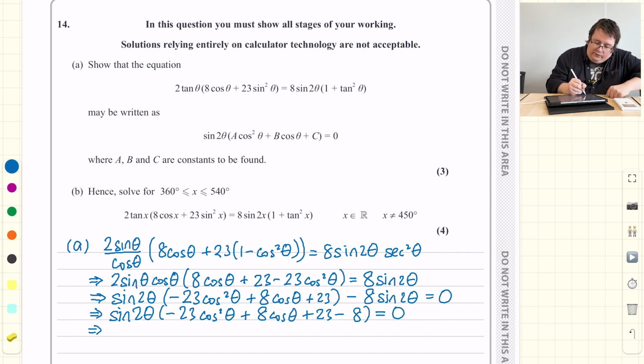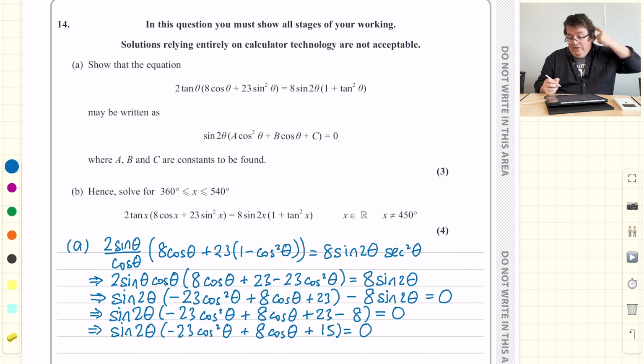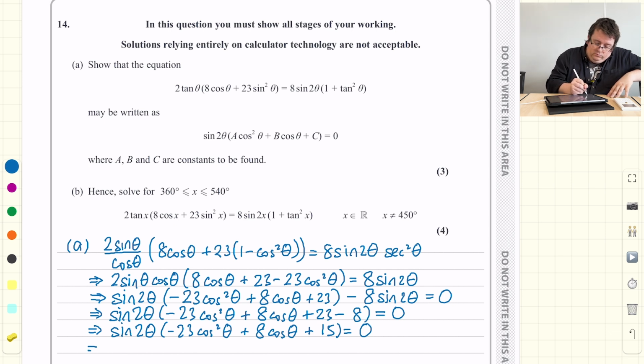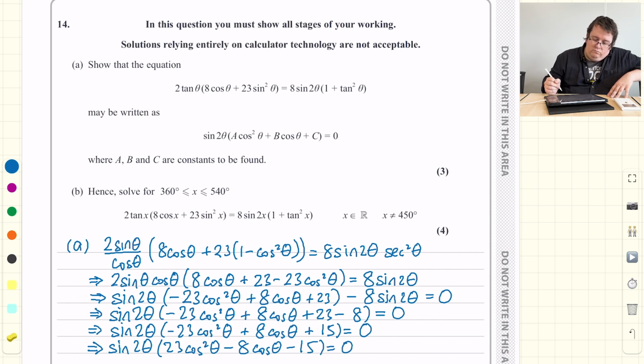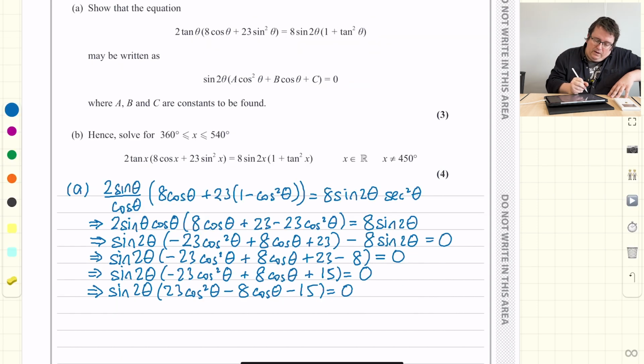And so we have sine 2 theta (minus 23 cosine squared theta plus 8 cosine theta, and then plus 15) equals 0. Now, you can either leave it like that, or we can multiply through by minus 1 and have 23 cosine squared theta minus 8 cosine theta minus 15 equals 0. Okay? Right, part B.